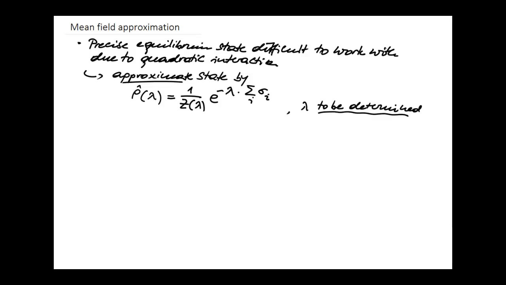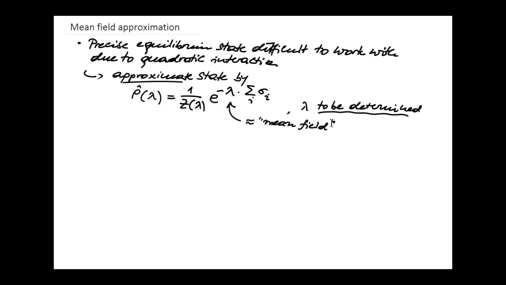This looks like the equilibrium state of a paramagnet, with lambda being, up to some constant of proportionality, the external magnetic field. This is why lambda, up to constant prefactors, is called the mean field. But now it's not just the external magnetic field, but it includes the field generated by the totality of all spins.